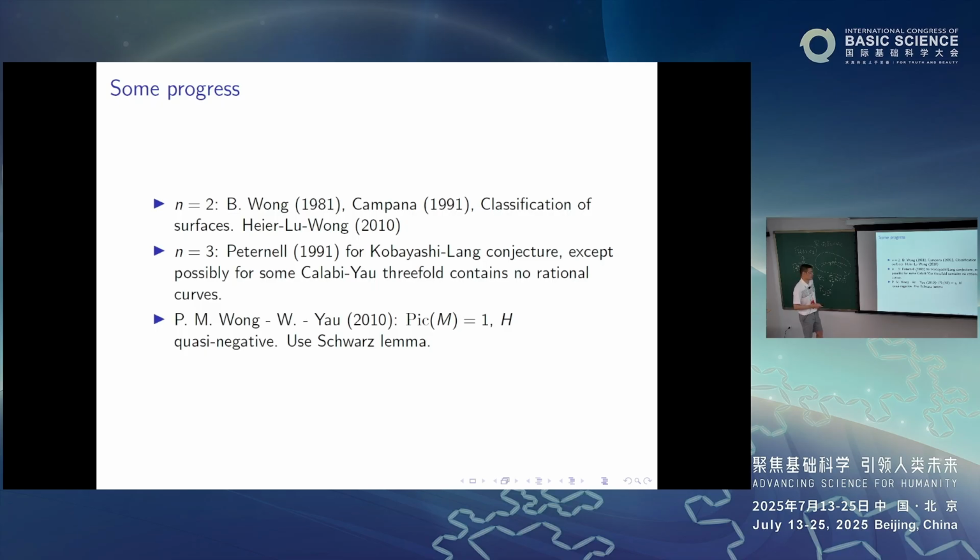There's no rational curve, but they don't have positive canonical bundle. I'm not sure it can be hyperbolic. This is open. And that's a really interesting thing.